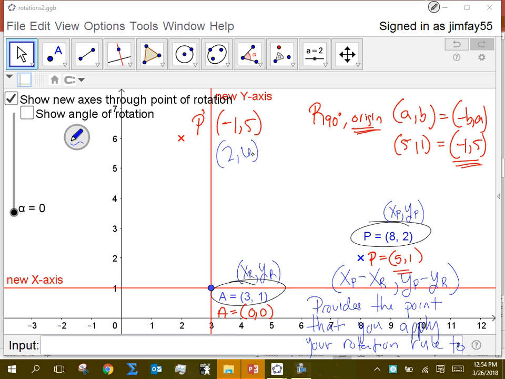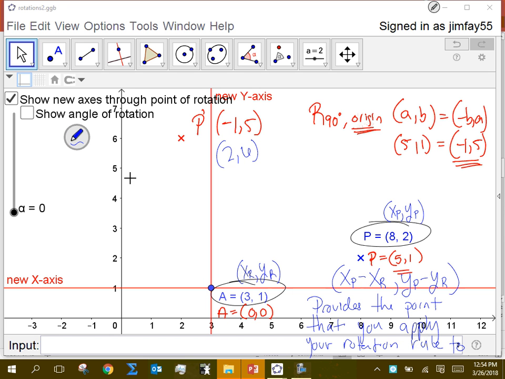How does that 2, 6 and this 3, 1, how do they relate to this negative 1, 5? If I take this negative 1 and I add that 3, do I get 2? If I take this 5 and I add that 1, do I get this 6?